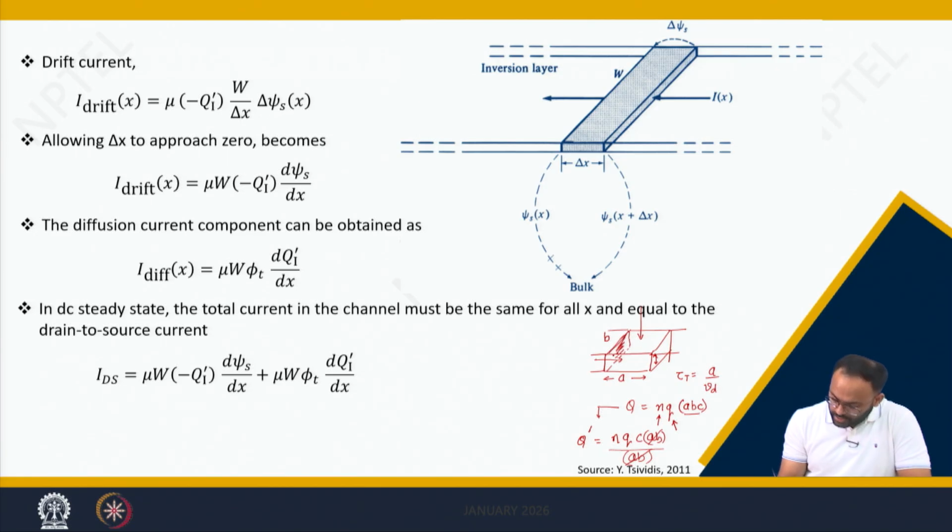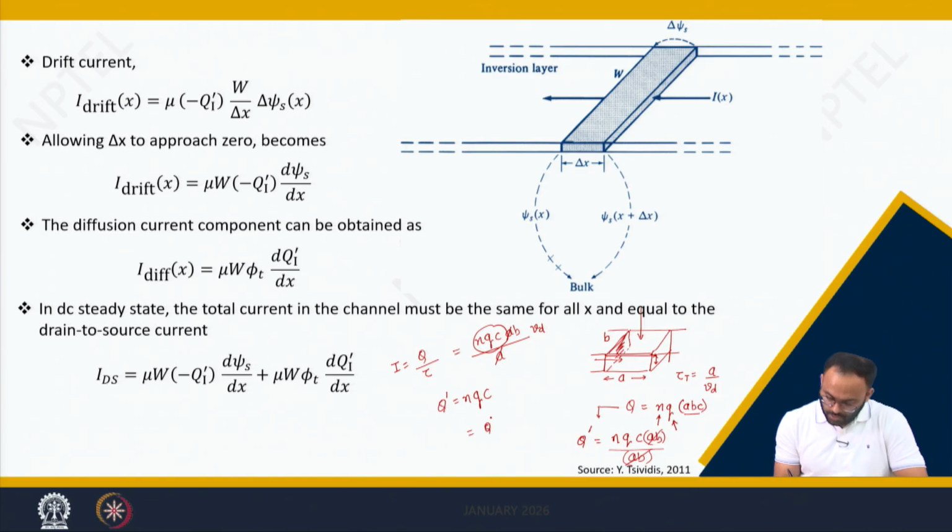So, this is B, this is A. We can represent the charge per unit area as N into Q into C. Now, the drift current is given by I equals total charge per transit time, which is N into Q into C into A into B divided by A by Vd. This gets cancelled and can be written as Q dash into B into Vd.